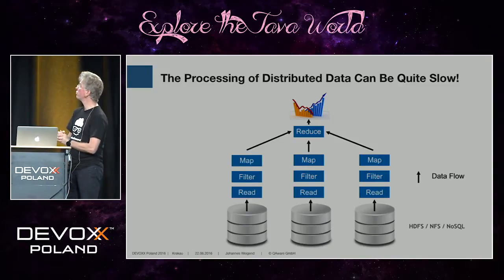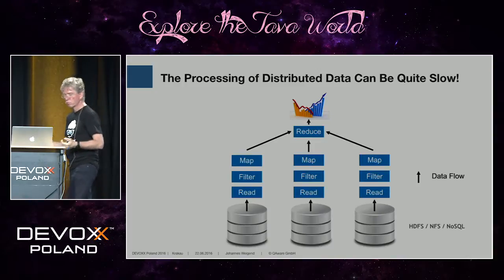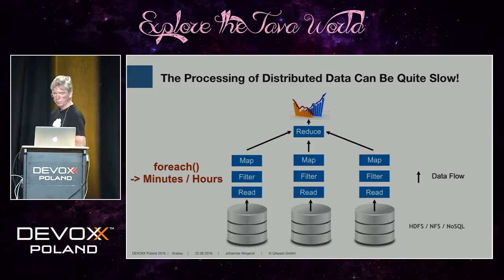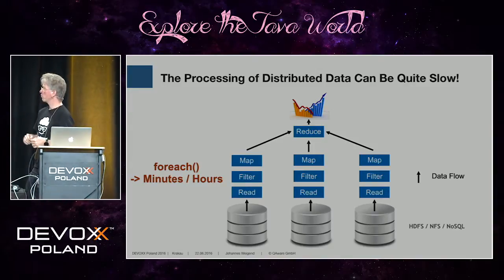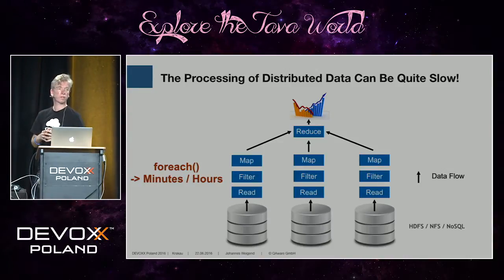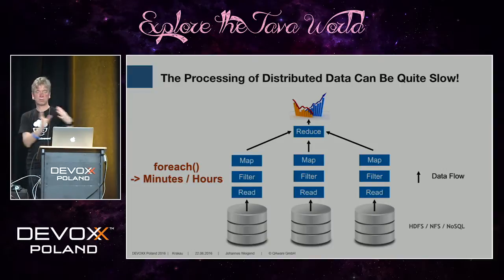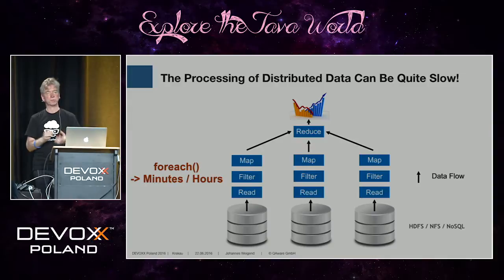And this is very, very slow, because if you implement this with huge data sets, you have to read much, much data, even if you only want to have a slice of your data for the user.